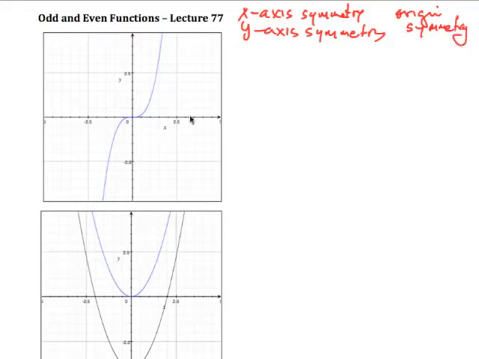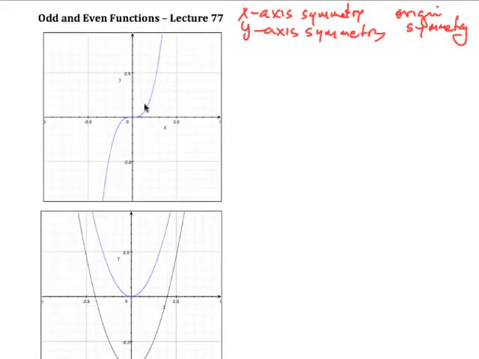Origin symmetry is symmetry where we can see that if I was to rotate this curve around 180 degrees like so, you'd end up mapping onto itself. Another thing you could do is reflect it across the y-axis, then reflect it across the x-axis, and you'll end up with this part.